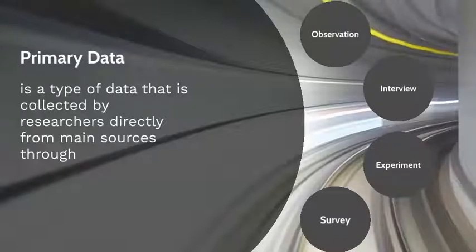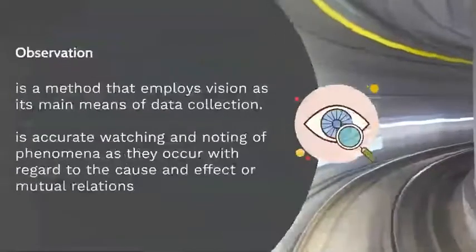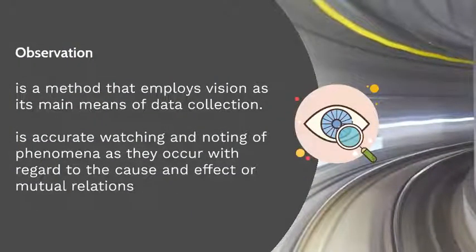The point for primary data is that you have to collect those data. You have to analyze those data. So if you employ the observation approach, that means it is a method of data collection that you use for your research that employs vision as its main means of data collection.